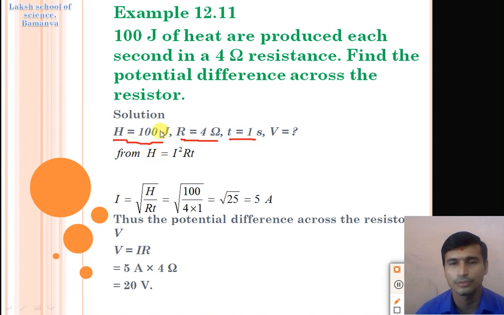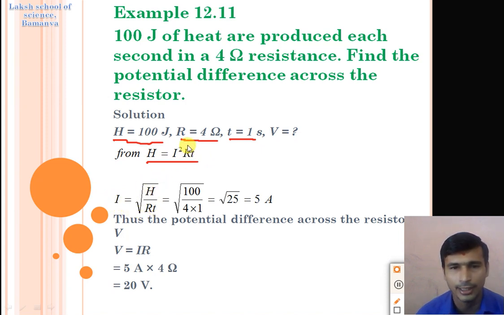So you know that the heat energy produced across a conductor of resistance R is given by the formula H is equal to I square RT. From this formula we can calculate the electric current passing through the resistor. I is equal to the square root of H divided by RT.